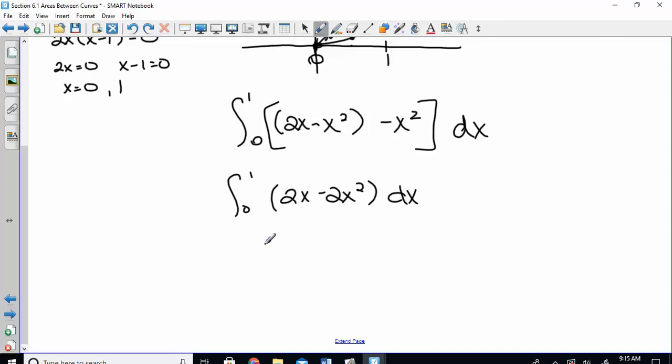So antiderivative of 2x is x squared, minus antiderivative of 2x squared, which is 2/3 x cubed.